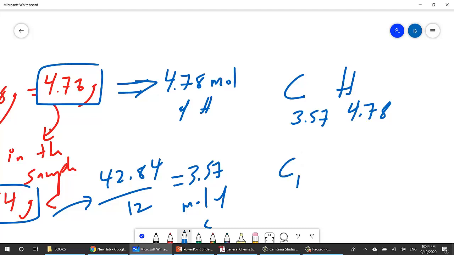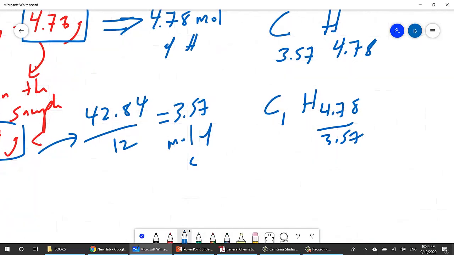That will give you C1H and then 4.78 divided by 3.57, which should give you something like 1 point something. It's 1.34.